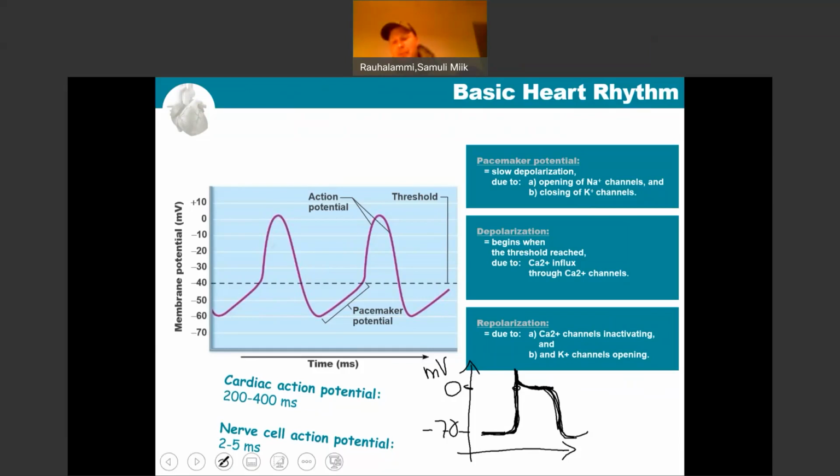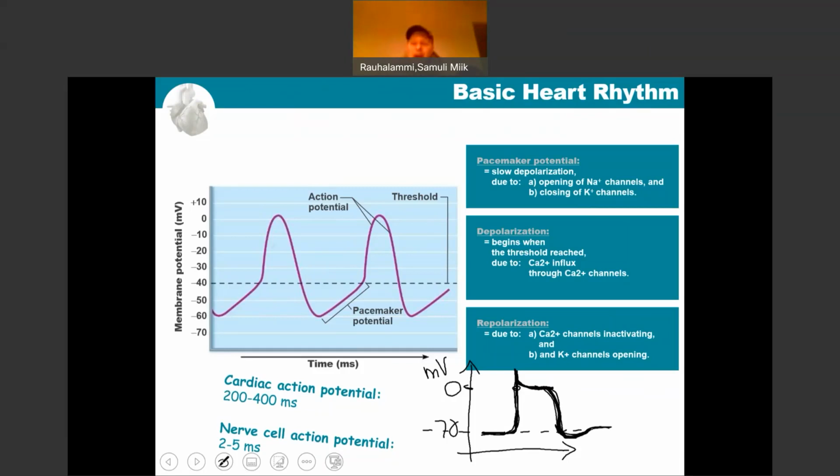One thing that you might remember during repolarization is that the charge actually for a brief amount of time went even below -70. This undershoot was there to ensure that another action potential couldn't pass immediately after. So we had kind of this recovery time, the refractory period.